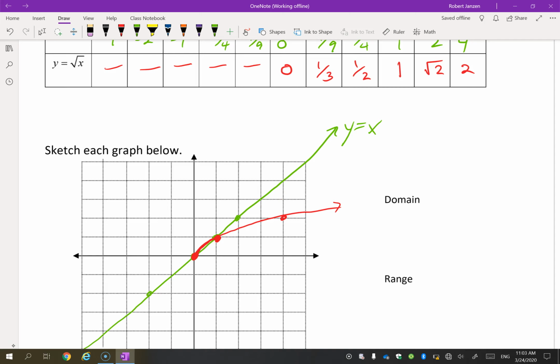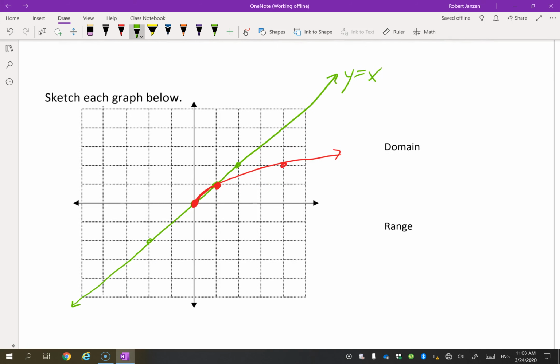We're going to use that to graph other graphs. Okay? So, very quickly, what is the domain of the original graph? Well, the domain is negative infinity to infinity, and the range is the same. What is the domain of the radical? Well, it's 0 to infinity, and the range is 0 to infinity.